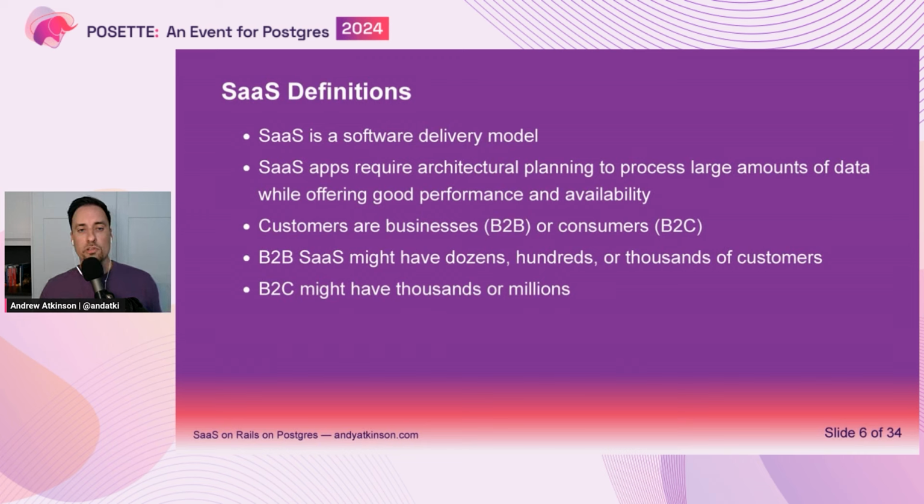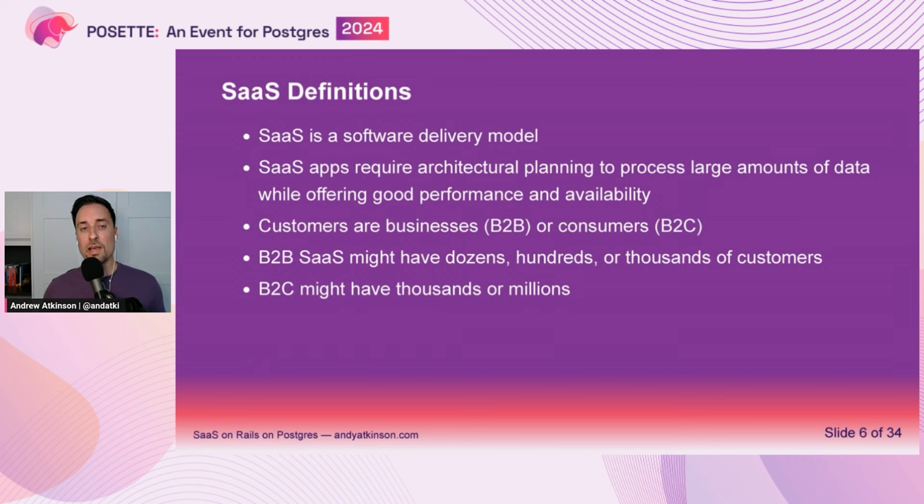So folks are probably familiar with Postgres, and we introduced Ruby on Rails a bit. Let's just talk briefly about software as a service and some of the terms there. So software as a service is a delivery model, and SaaS apps typically receive and process a lot of data. So there is some architectural planning that's required to process all of that data while still offering good performance and availability.